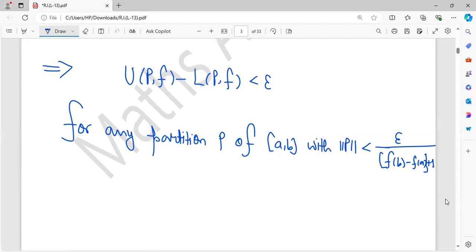And this quantity is greater than 0. So it is delta for me. So what does it mean?